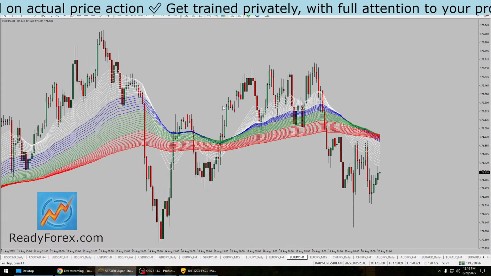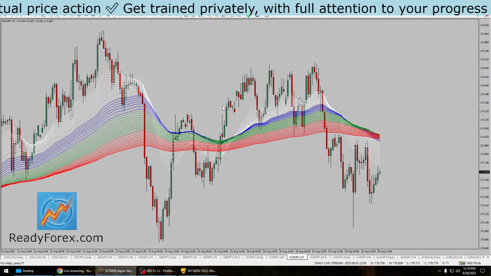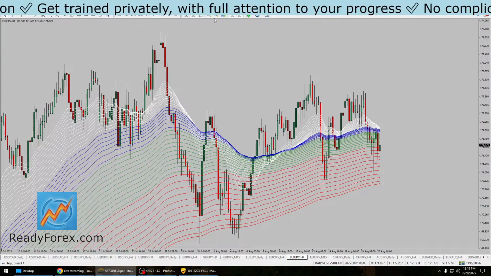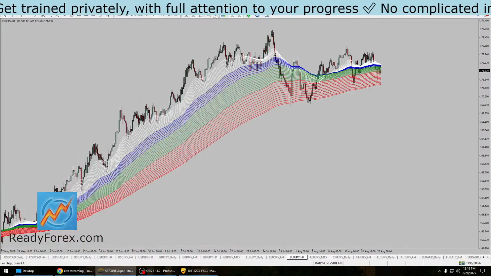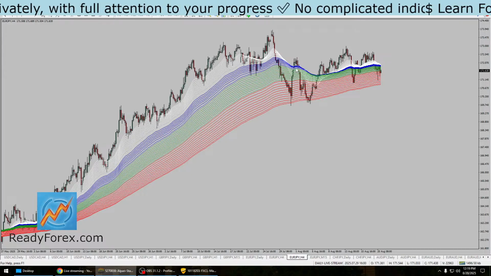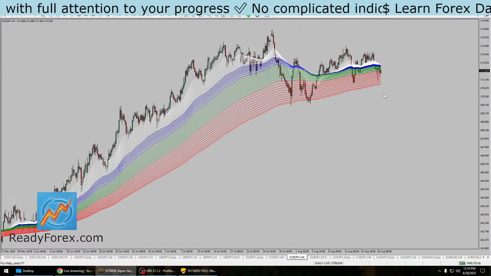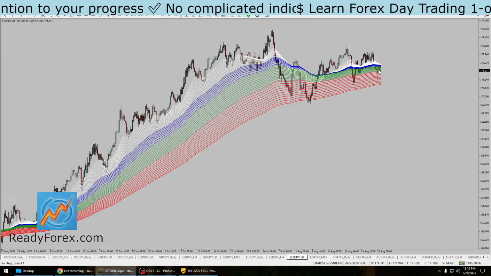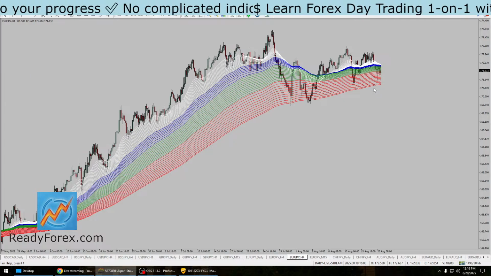Okay, the 1-hour rainbow looks a little bit mixed over here. The 4-hour is still bullish, yes, but it's also showing signs of weakness as well. We could get a twist over here.